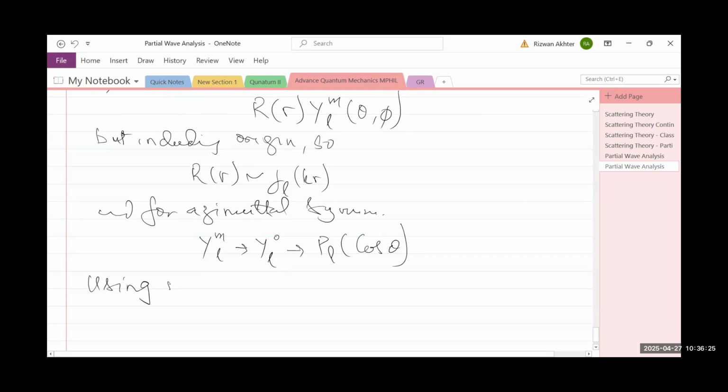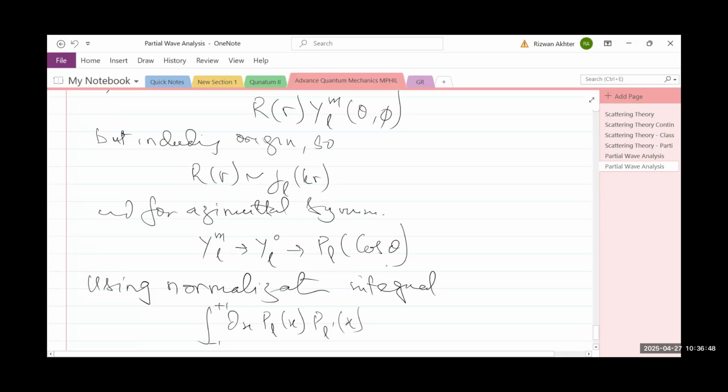So using normalization integral, क्या हो जाएगा, that is minus 1 to plus 1 dx P sub l of x P sub l prime of x. x का मतलब ये cos theta.